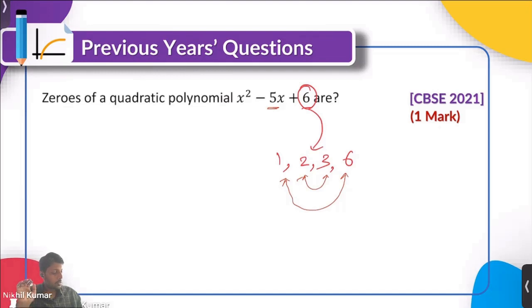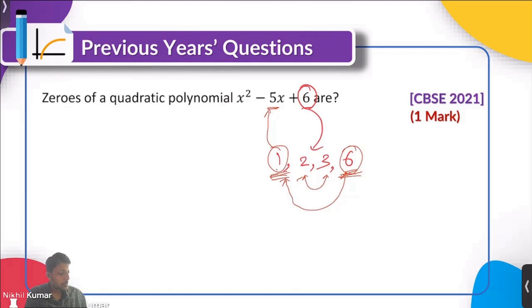So it would be better, see if I choose 6 and 1, that won't give me minus 5, right? Because their product is, remember to keep in mind the signs of every factor. Okay, so we have plus 1 multiplied by plus 6.